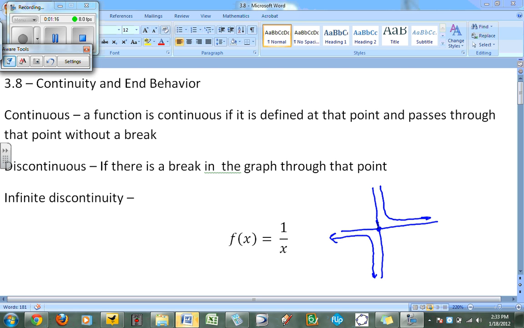In fact, x can never be 0 because that would make this function undefined, right? So x can never be 0. Therefore, we have what's called an infinite discontinuity. It doesn't come here and it doesn't pick up elsewhere. It just all of a sudden almost starts a new graph on the other side. That is what's called infinite discontinuity.